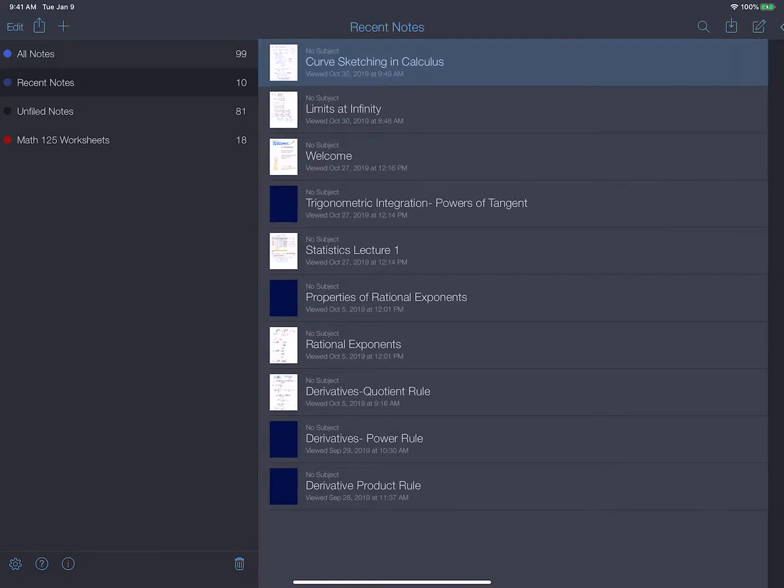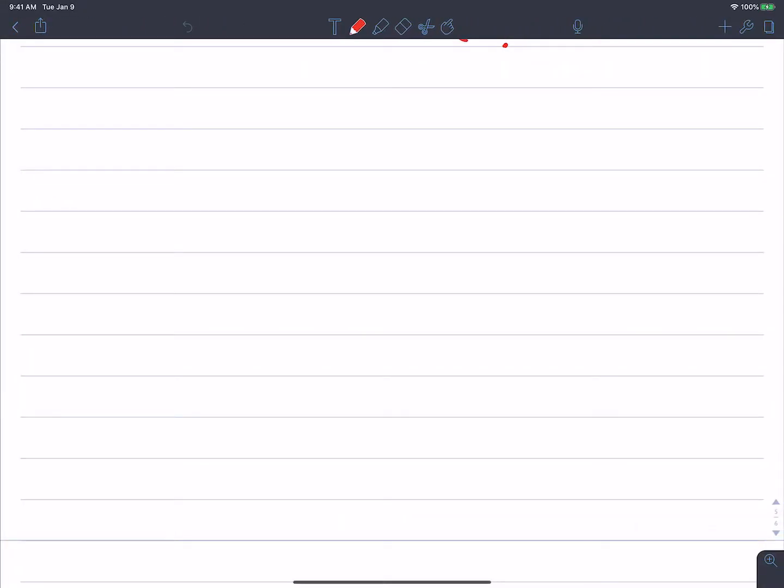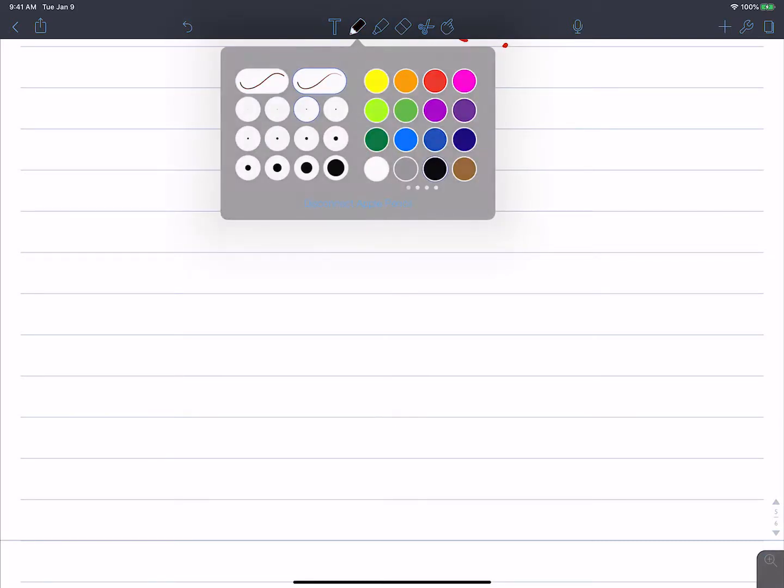I thought it was in recent, but it's not. Okay, whatever. I apologize. Let's try to graph this so you guys can see what's going on here.